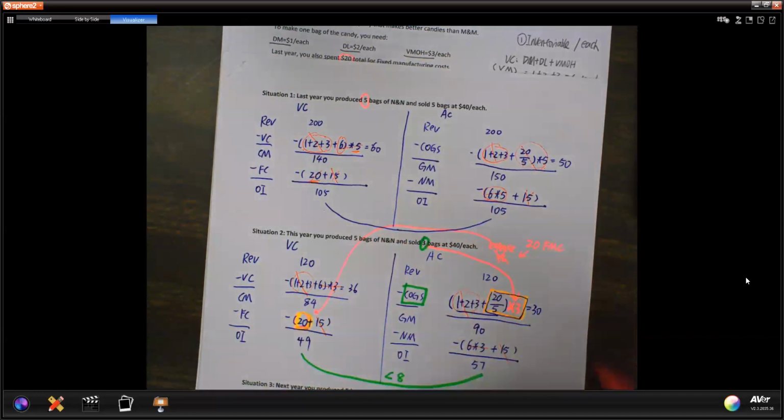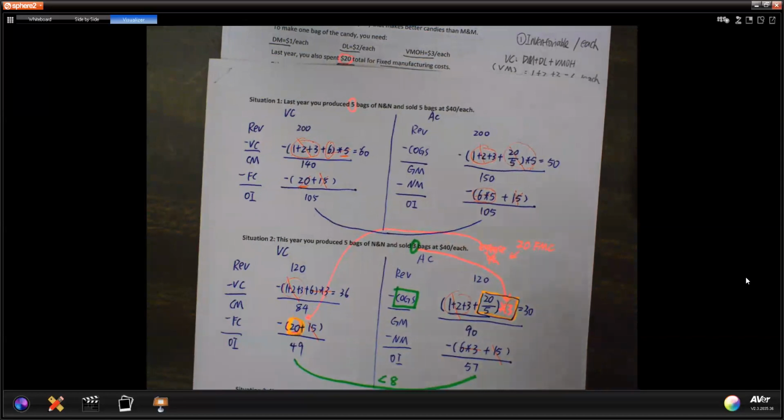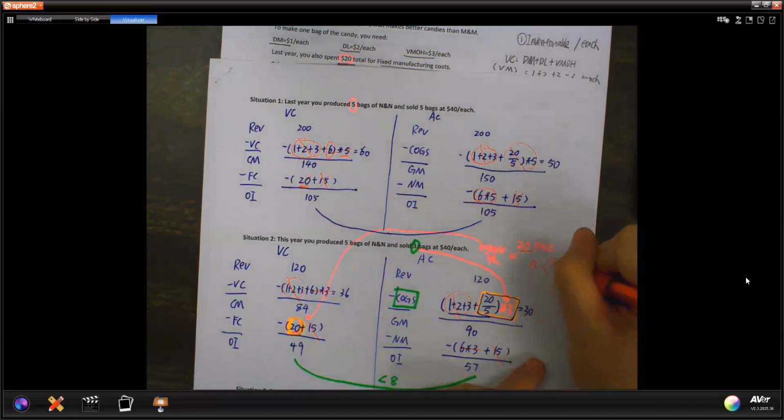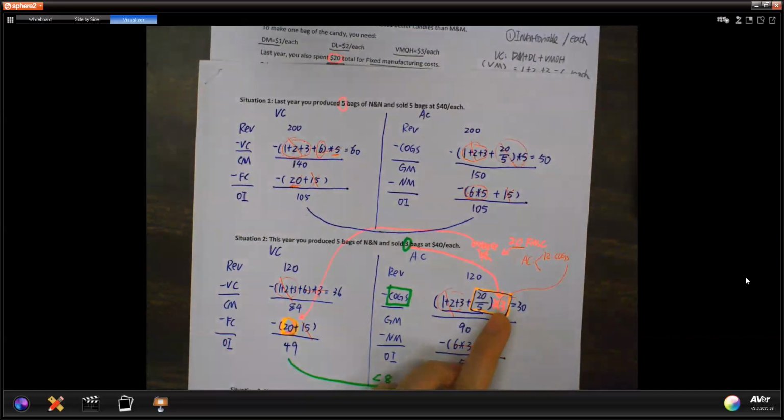For absorption costing, out of the $20, $12 went to cost of goods sold because each one is allocated 4.